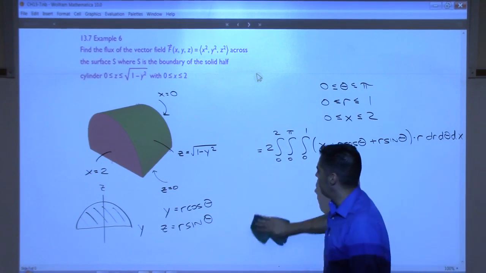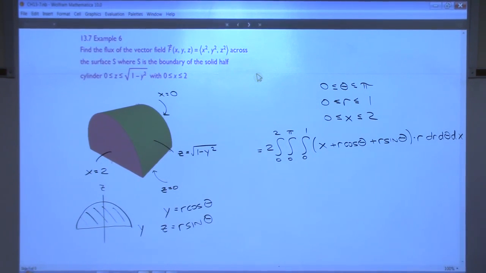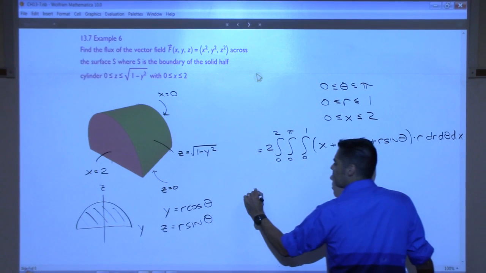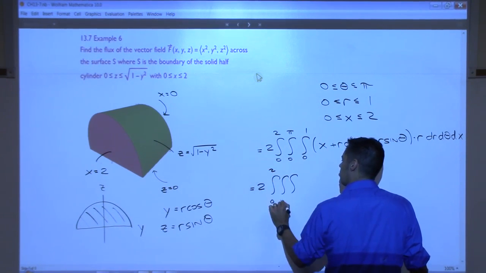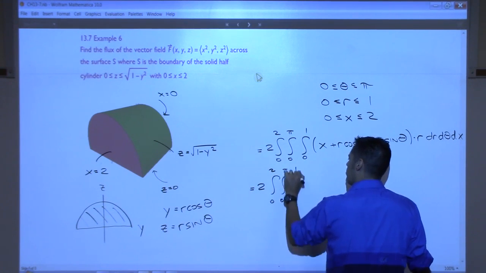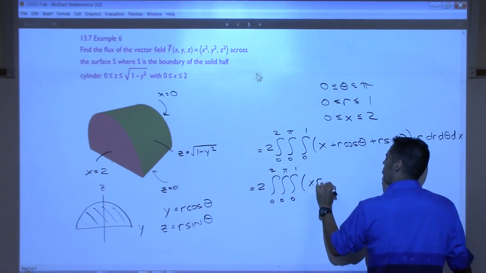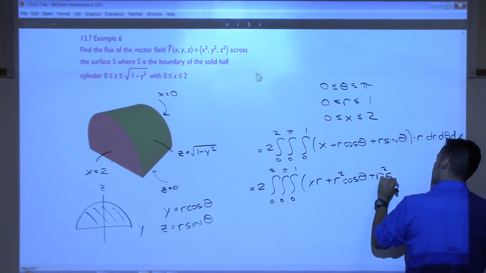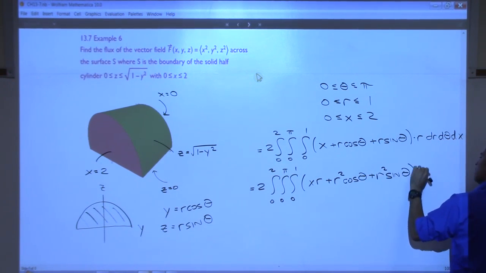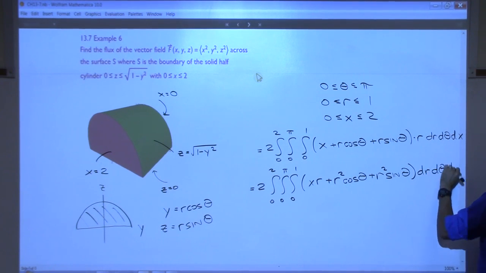I'm going to take this all the way. This is equal to 2 times the triple integral 0 to 2, 0 to pi, 0 to 1 of xr plus r squared cosine theta plus r squared sine theta dr d theta dx.